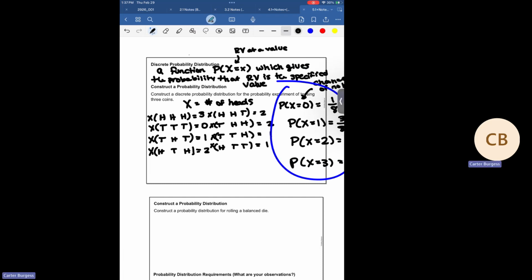So if we're looking for the probability that our random variable is equal to 1, then we look at every single case in which our random variable is 1, bam, we find that probability. Easy peasy.